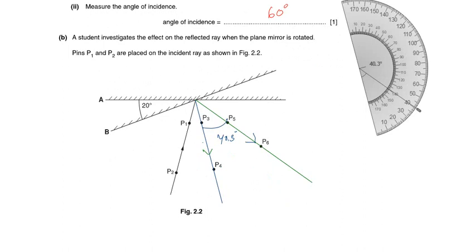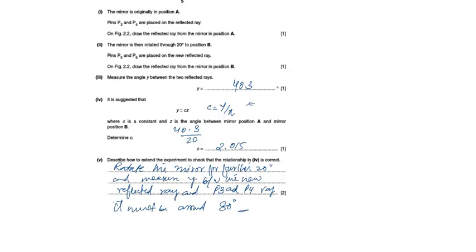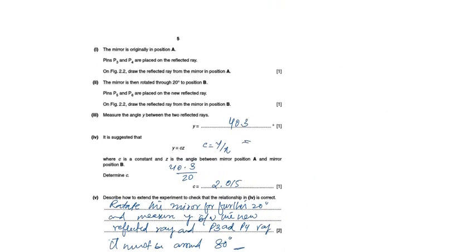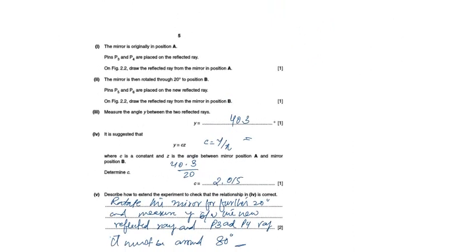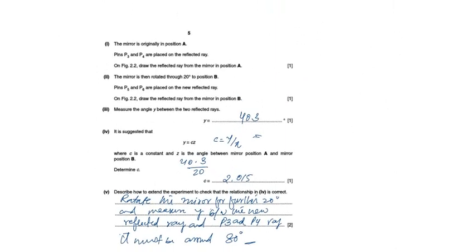So what they ask, we will do the same. The mirror is originally in position A. Pins P3 and P4 are placed in the reflected ray. Figure 2.2. Draw the reflected ray from the mirror position A. So we will draw a plane. This will be the normal. I'm actually doing it by approximation, right?